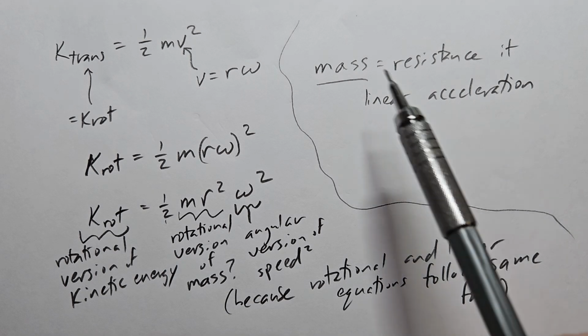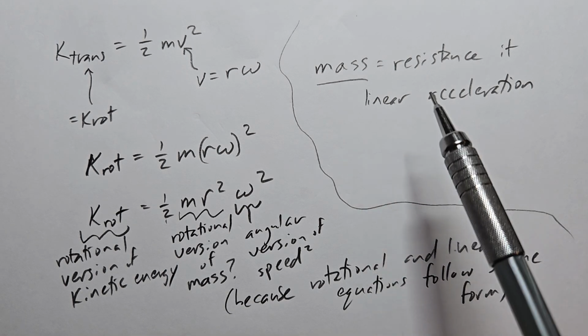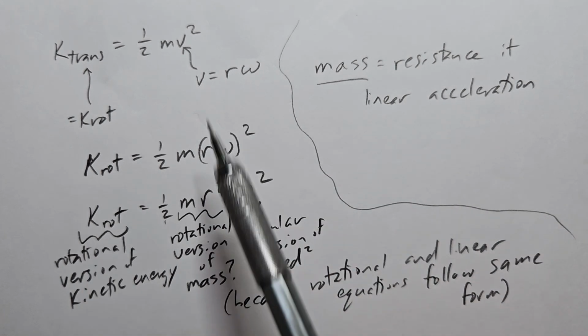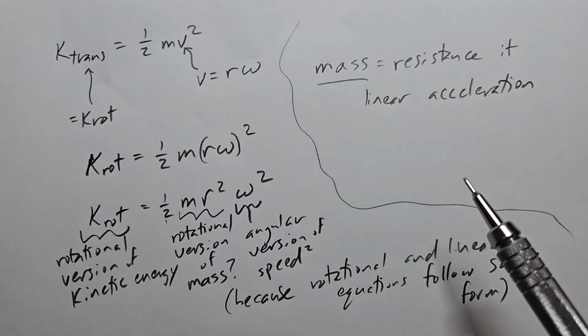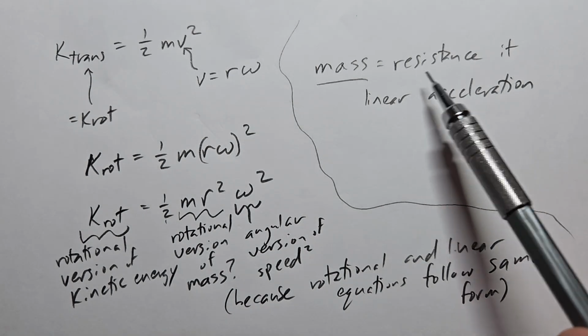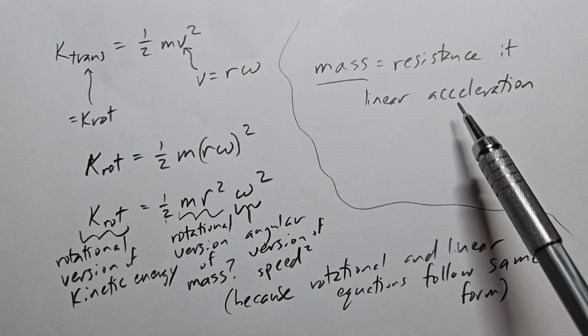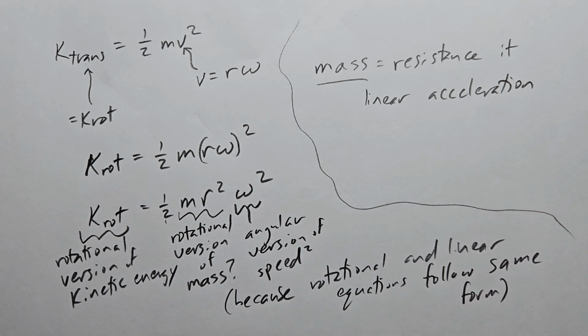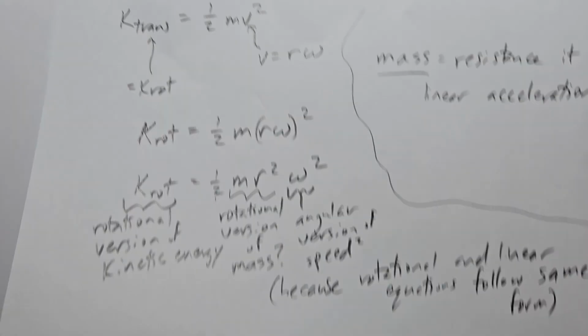And so the rotational version of mass is going to do the same thing, except it's going to describe the resistance to rotational or angular acceleration. And so we have a different name for it, but it is just, in fact, the rotational or the angular version of mass.